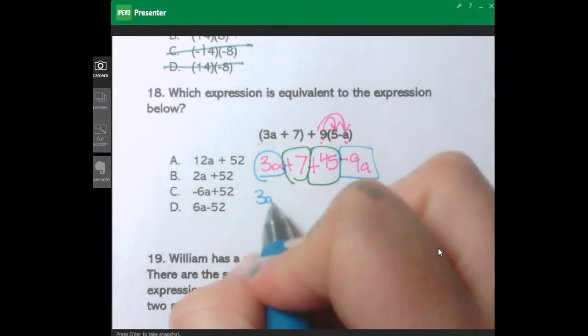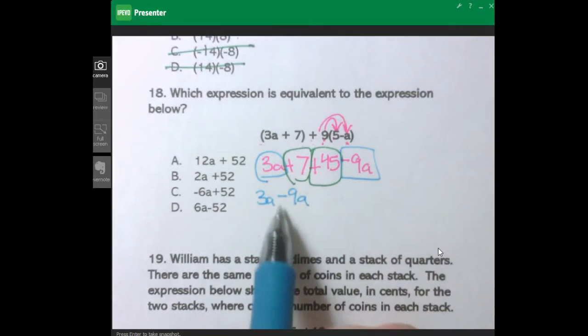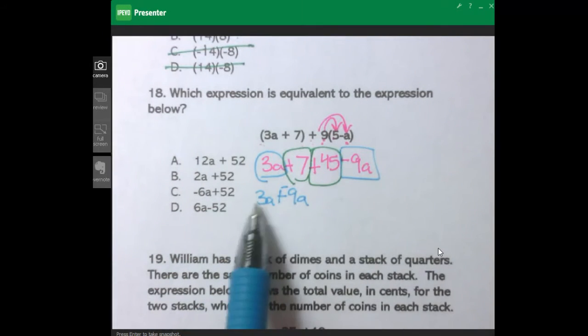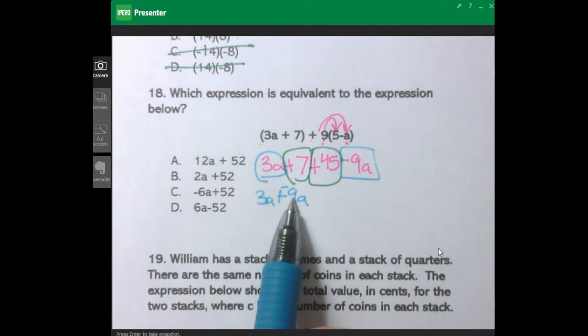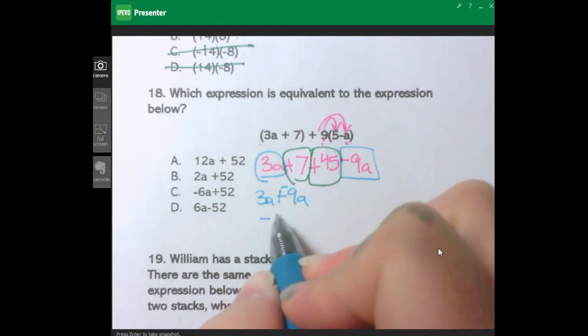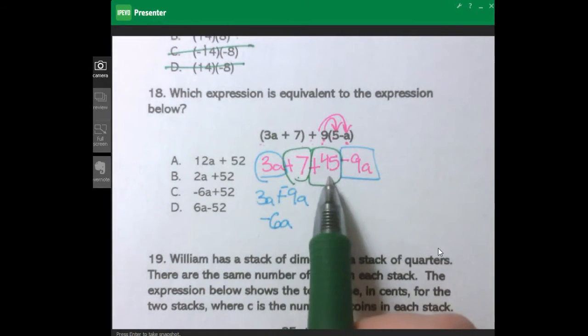So 3a minus 9a. Okay, we're subtracting, so we can change that. So we're adding the opposite. I have opposite signs, so we subtract. Keep the sign of the larger number, which gives me negative 6a. And now I have my 7 and 45.